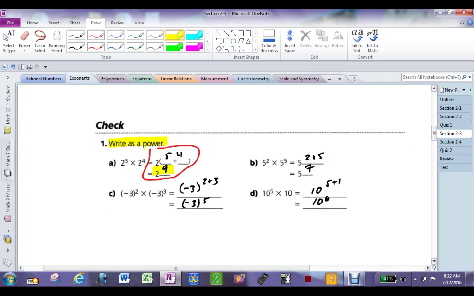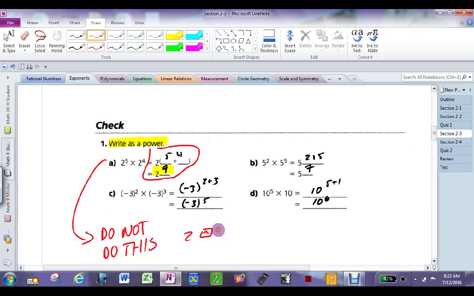Okay? This is what I do not want. And I'm going to write it in red. Do not do this. Because there are kids that with your calculators you will do this. You will go 2 exponent 5 times 2 exponent 4, then hit equals.